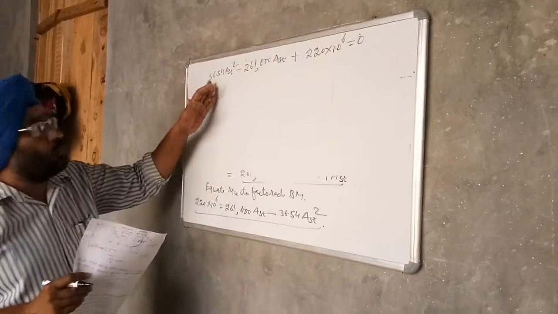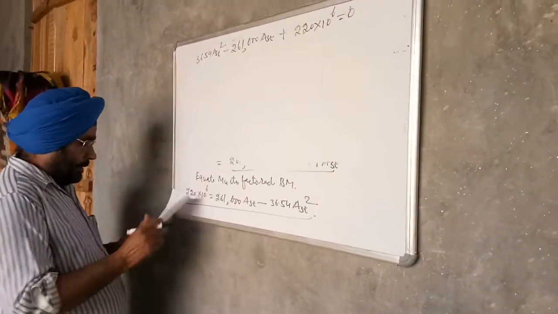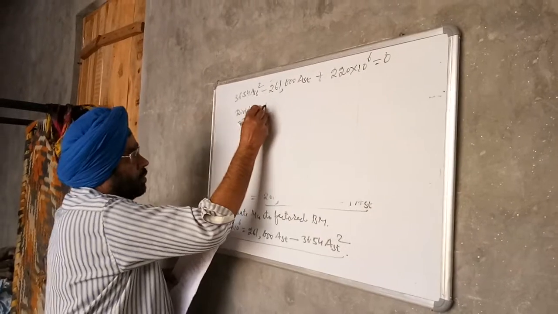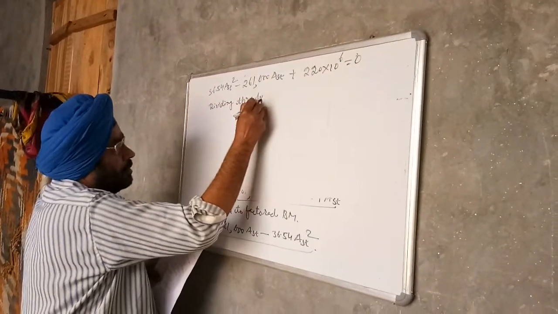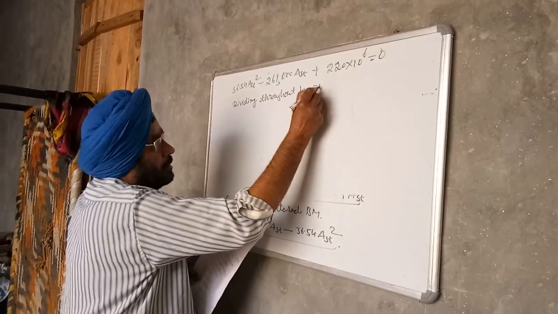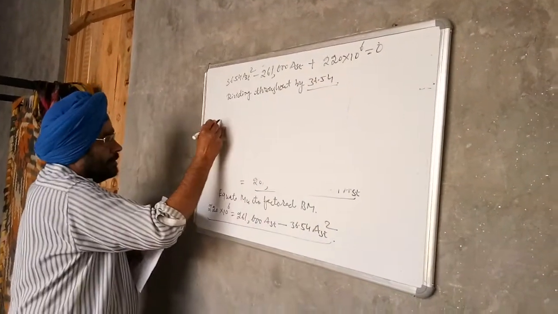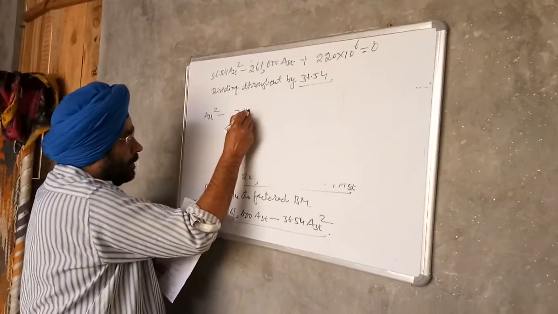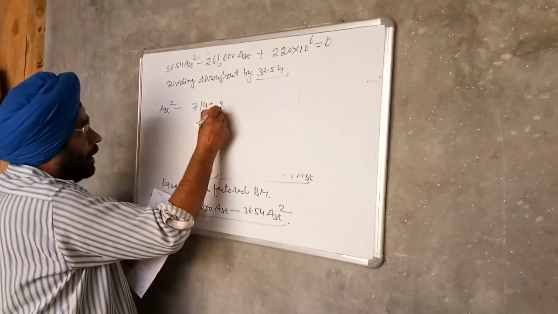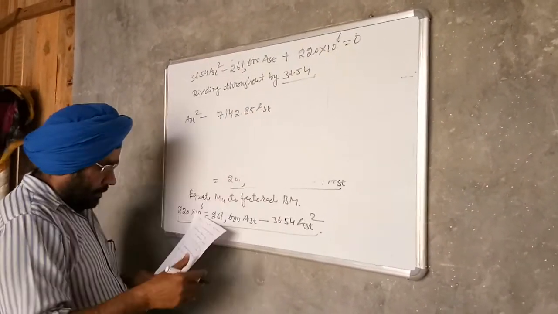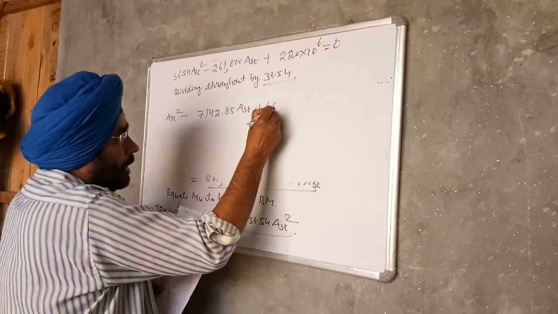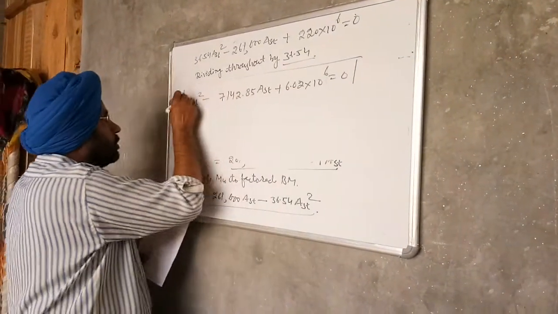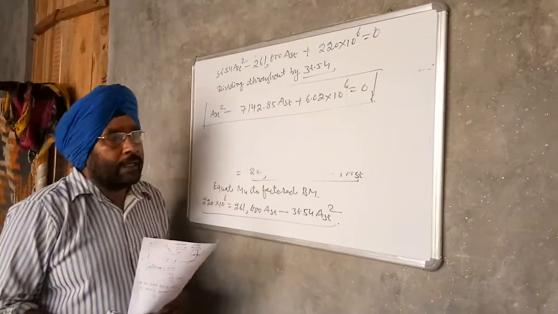Dividing throughout by 36.54, we get AST square minus 7142.85 AST plus 6.02 into 10 raised to the power 6 is equal to 0. So this is our quadratic equation in AST.